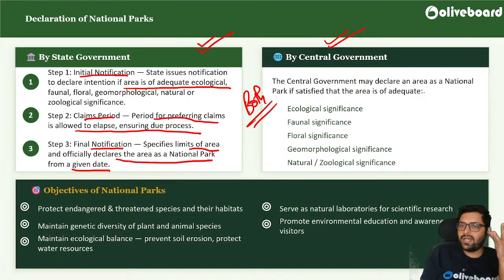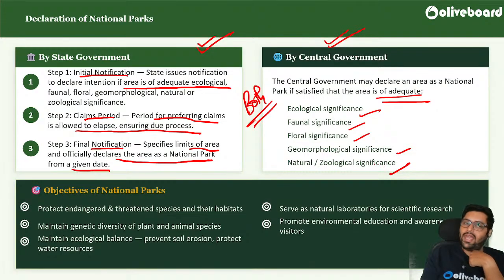Or if the central government declares, these are the conditions. It should have ecological significance, faunal, floral, geomorphological, and natural significance. So who can declare a national park? Both the state government or the central government. What is the purpose?